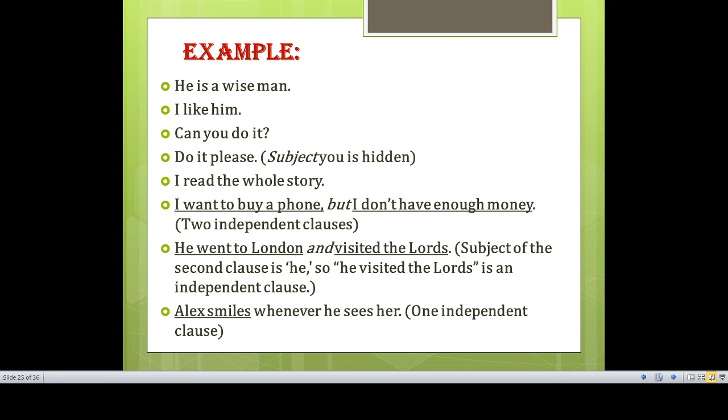So this is how independent clauses occur: maybe one in a sentence, maybe two, and even three independent clauses in a sentence. But if more than one independent or main clause occurs within a sentence, they are connected by coordinators like but, for, or, and, etc.